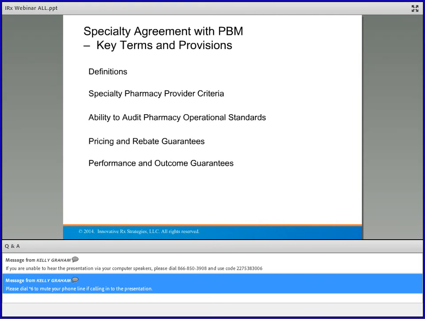The pricing and rebate guarantees, I think we're starting to see. It used to be sometimes the PBMs would just put a cost for a specialty drug, but I think what you should be asking for is a pricing guarantee, taking into consideration the generics that are out there, because there are biosimilars, and there really should be a separate pricing guarantee for biosimilars or generic specialty drugs, and a separate pricing guarantee for brands.